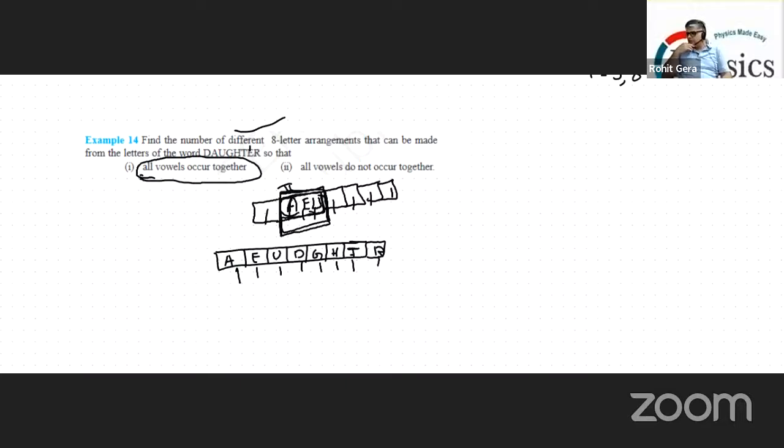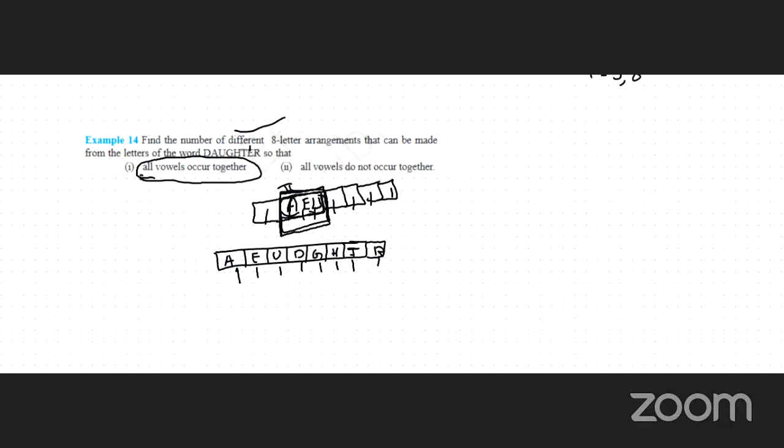But they can't repeat. So 3 filled up, 5 factorial places. So 3 factorial into 5 factorial. Like this is for AEU 3 factorial and DHTR is 5 factorial.